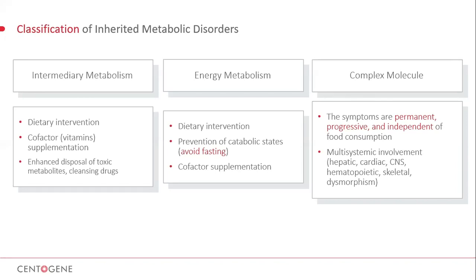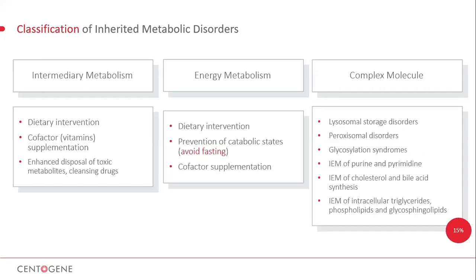And finally, we have these complex molecule disorders, in which the symptoms are permanent, progressive, and independent of the catabolic or anabolic states or food consumption. They are usually followed by some multisystemic involvement. So probably these are the ones that have the most variety of different clinical symptoms that we might find in them.